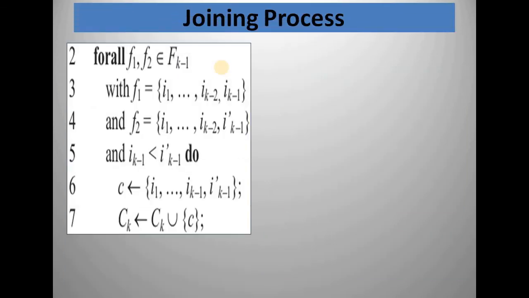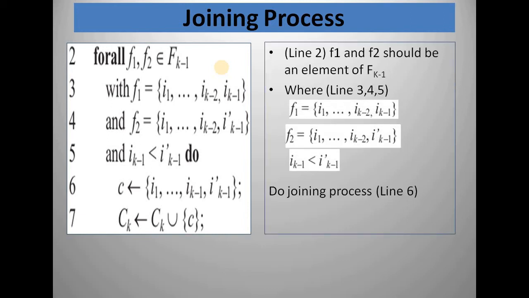Now let's get into detail. So what is the process? For all f1 and f2, line 2 says we have the value Fk minus 1. Using Fk minus 1 we have generated two frequent item sets, f1 and f2, and they should be combined.